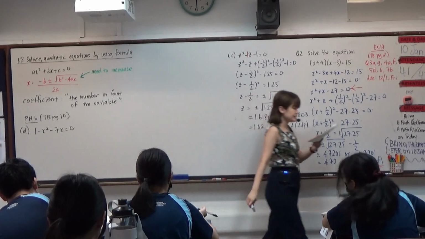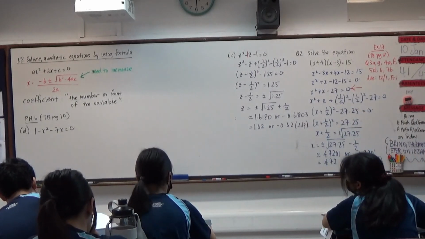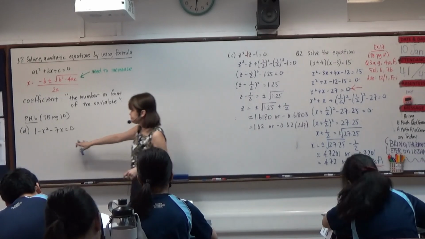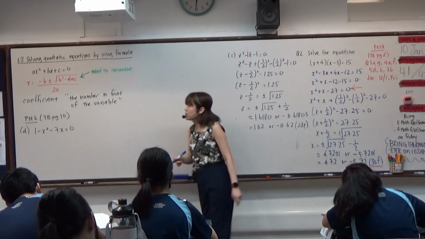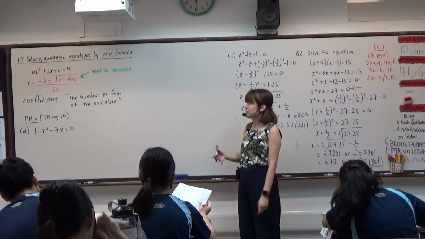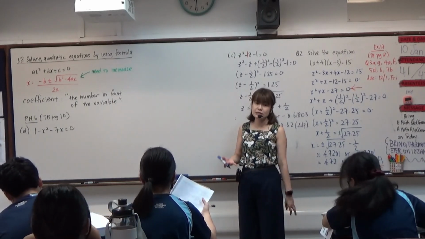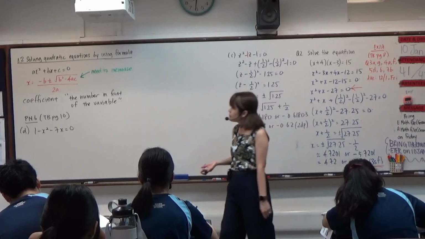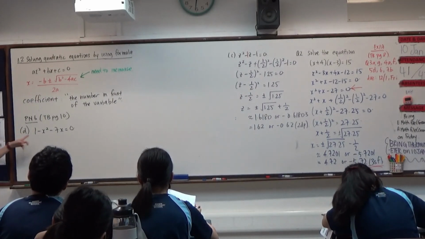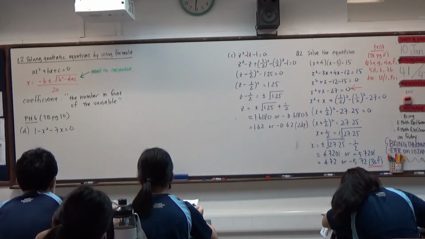Here we have 1 minus x squared minus 7x equals 0. Looking at part D, how do we go about solving this quadratic equation? First of all, we must recognize the correct coefficients, the a, b, and c. As I mentioned, a must be the coefficient of x squared. In this case, what is the coefficient of x squared?